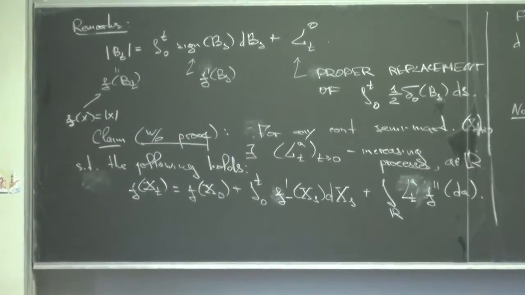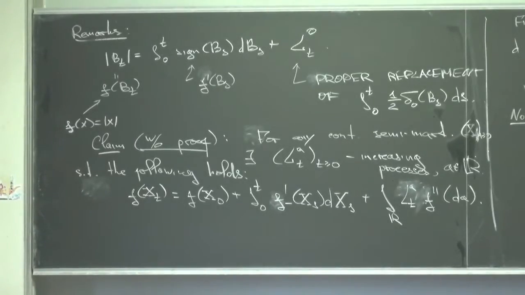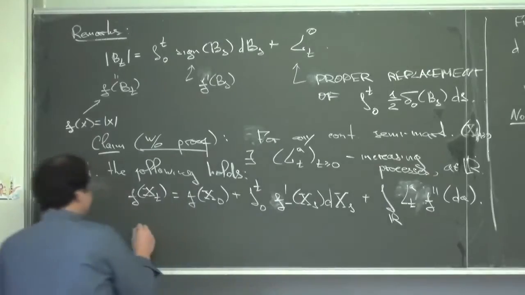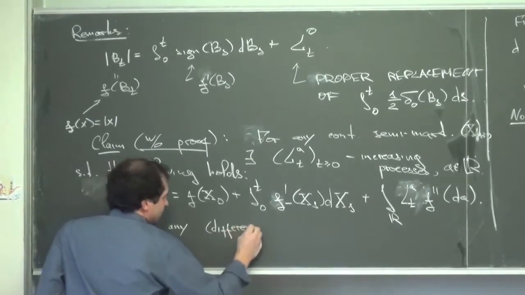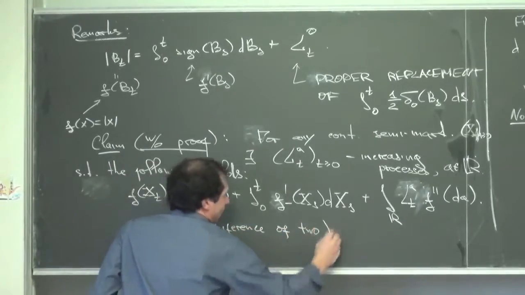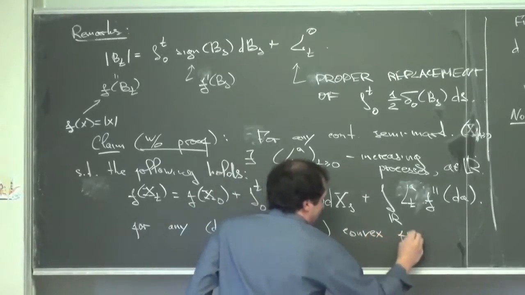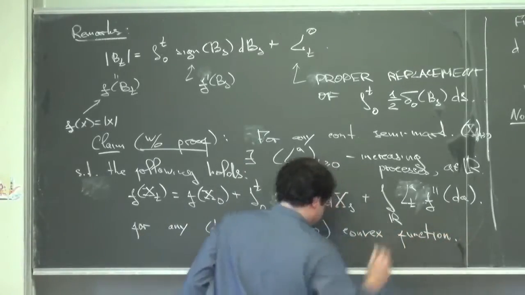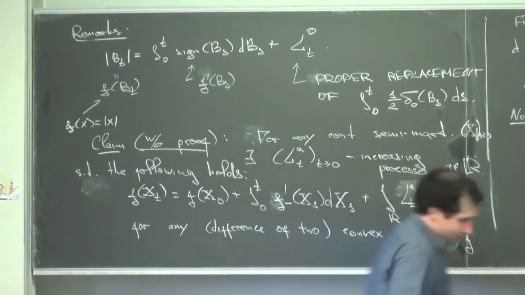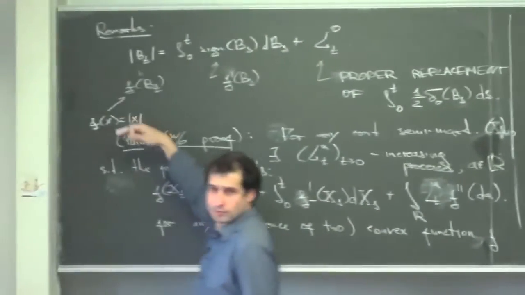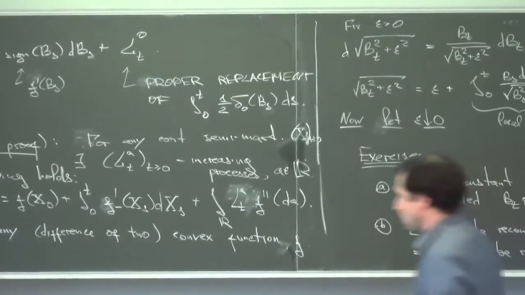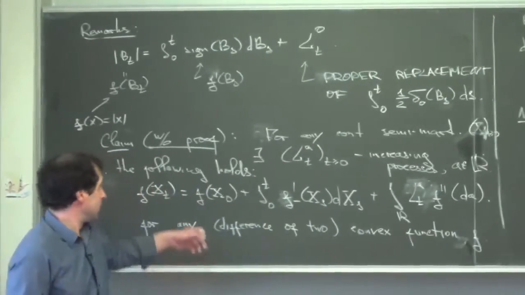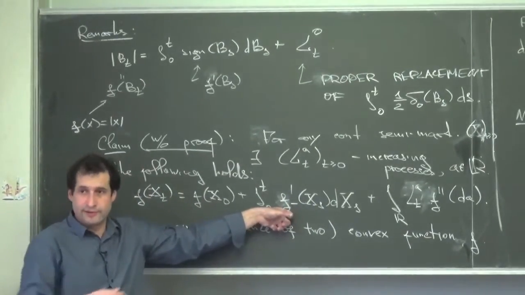This must be thought about as a generalization of Itô's formula. And it holds for any convex function, basically, or difference of two convex functions. So if you have a convex function f of a single real variable, like an absolute value, or a sum of them, it's differentiable everywhere if you think about left derivatives or right derivatives.